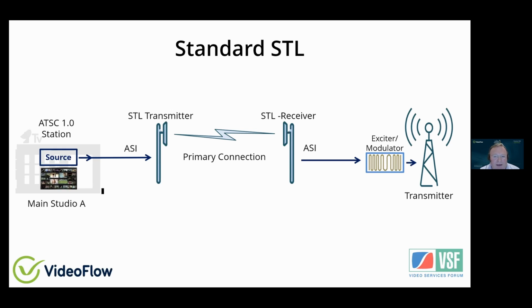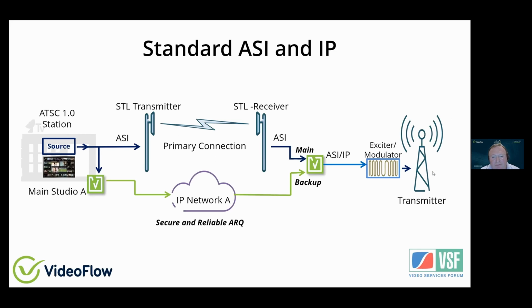Now we are coming and enhancing that. How do we do that? We're enhancing that with a standard IP. The IP comes as a backup, and we use a reliable delivery protocol like RIST or SRT or Zixi, whatever you wish to use, and you use an IP layer to back up the STL.